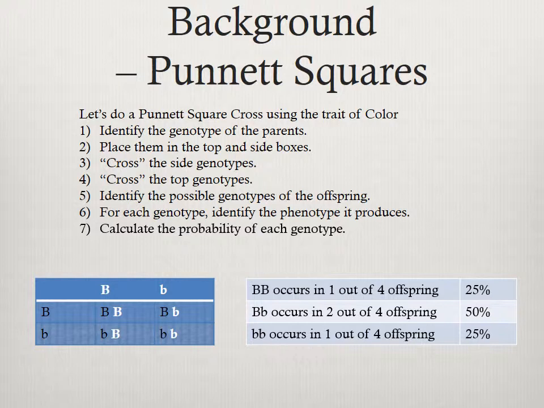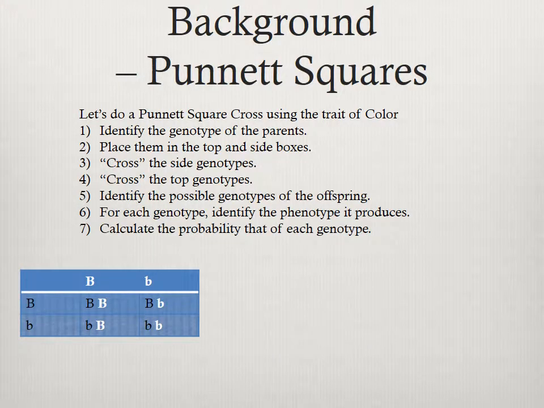That gives me a 50% chance. Little b, little b occurs in 1 out of 4 boxes. That gives that puppy a 25% chance. So now I've calculated my probability. I know how probable it is that each of those puppies will get each of those genotypes.